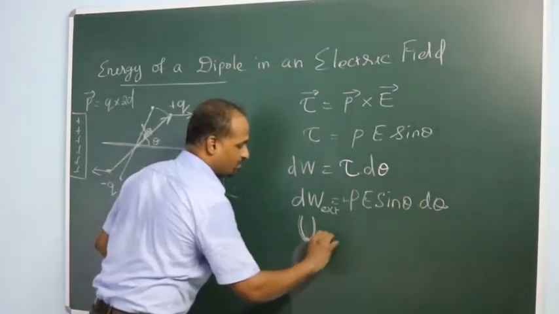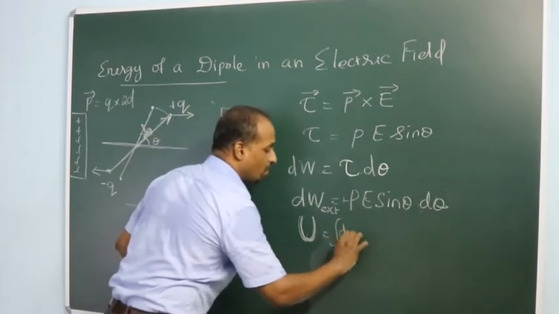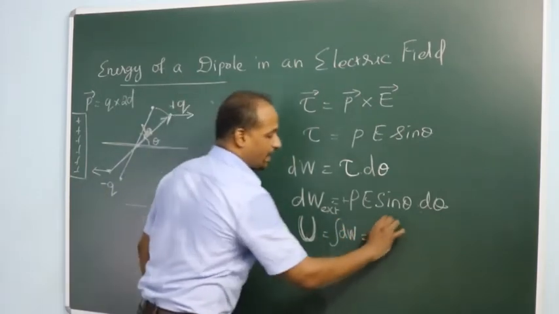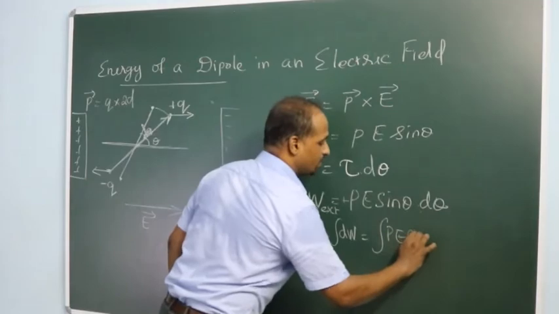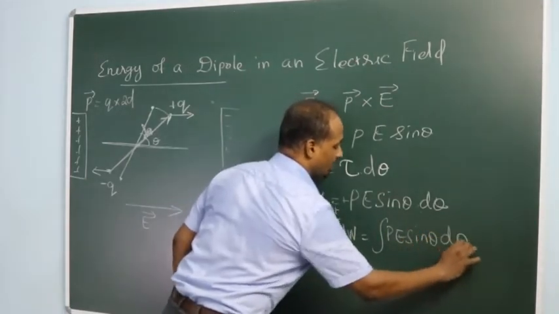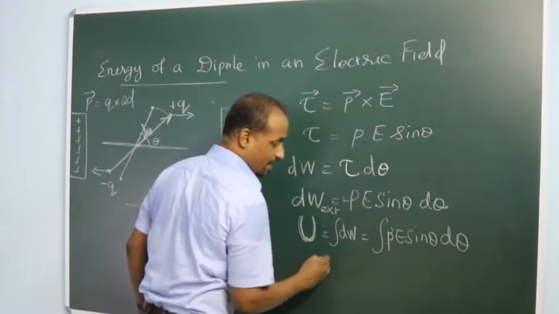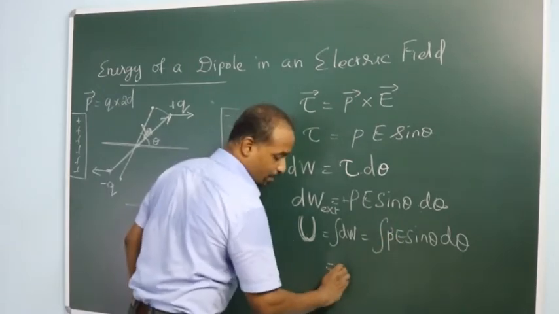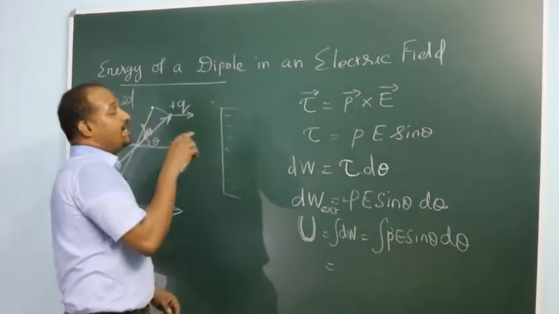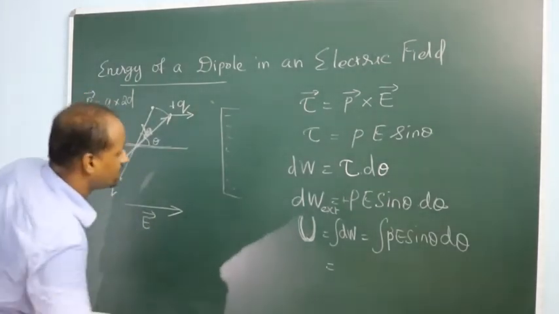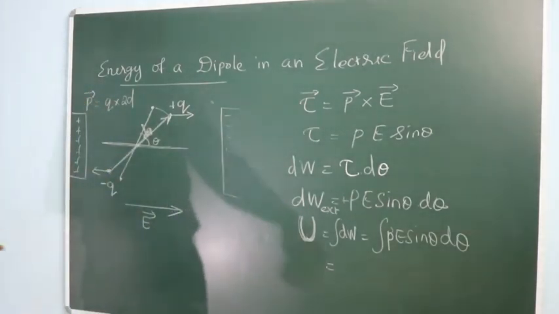Then the total energy will be the sum of all the external work done. So integral of PE sin theta d theta. P is the dipole moment, so small p can be taken out, and E can be taken out, because it is a dipole in a uniform electric field.